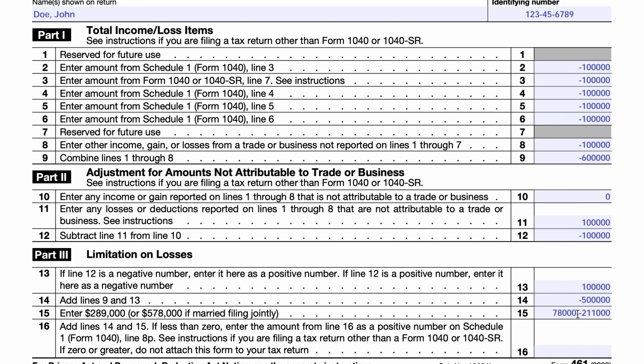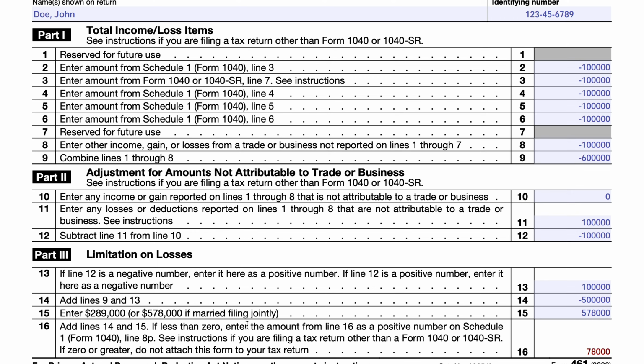So in one case, let's just imagine that John Doe is married filing jointly, wrong number. If he's married filing jointly, he enters the 578 number, and he adds the $500,000 and the 578, and that ends up becoming $78,000.